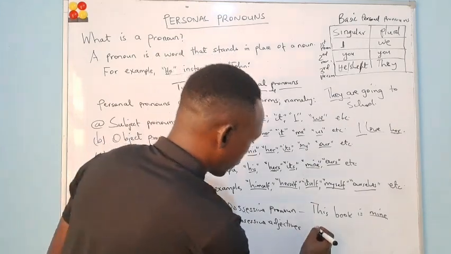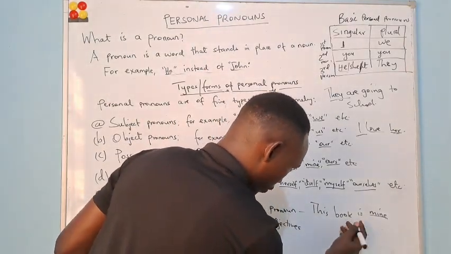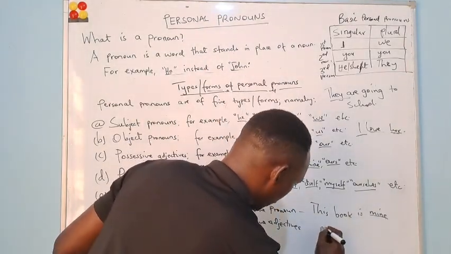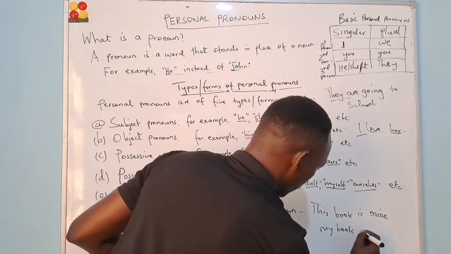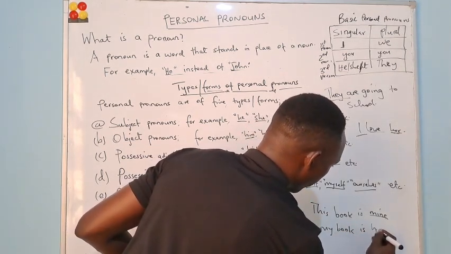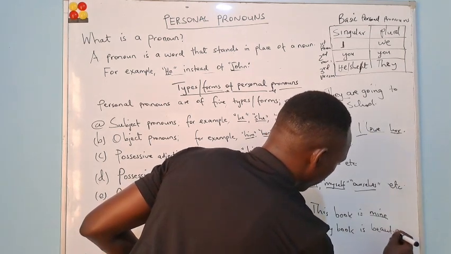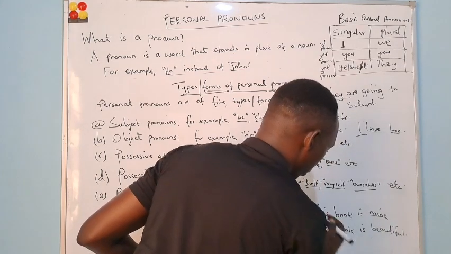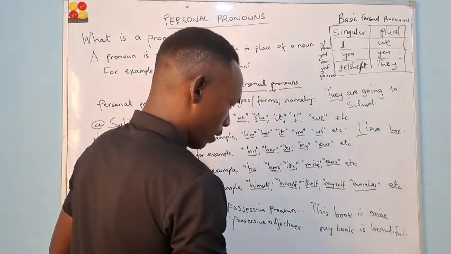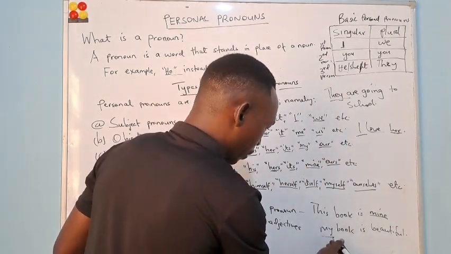But here, we can just talk about the same book, okay? My book is beautiful. For example, here, you see, this my has to be followed by a noun.